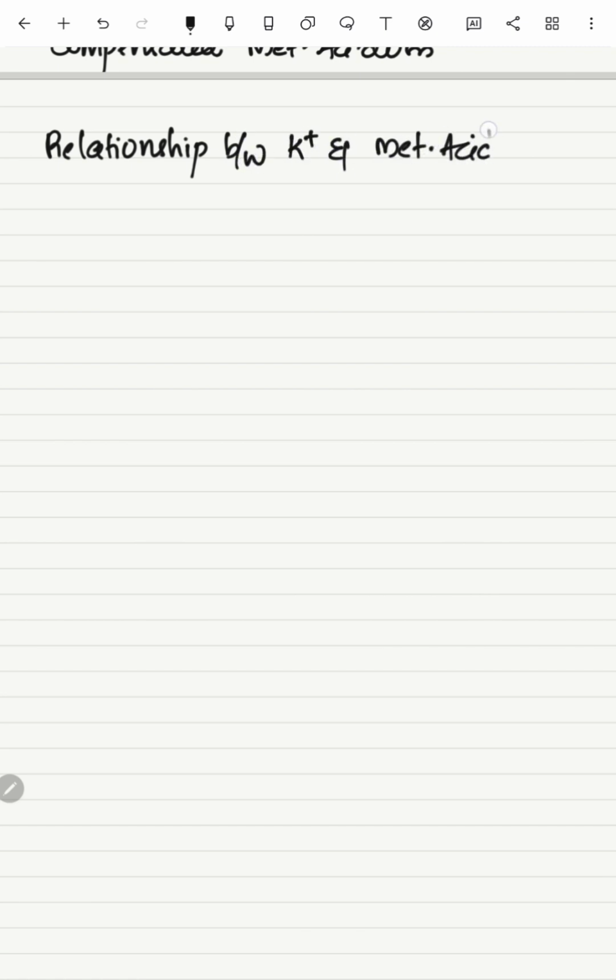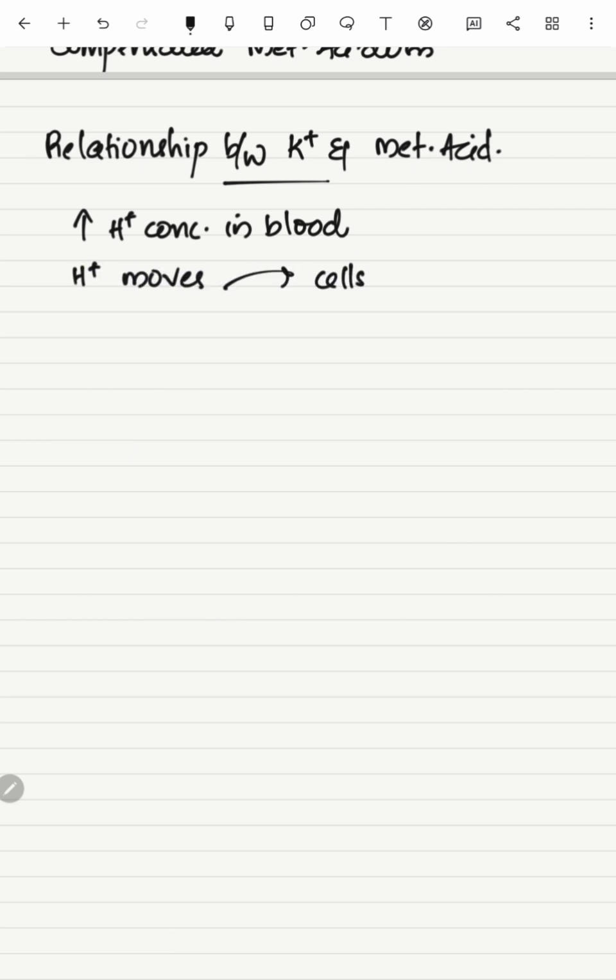Now moving on to the relationship between metabolic acidosis and serum potassium. So what happens in metabolic acidosis? There will be increased H+ concentration in blood. So H+ moves into the cells to reduce extracellular acidity.